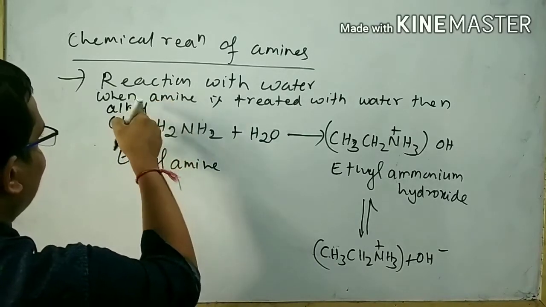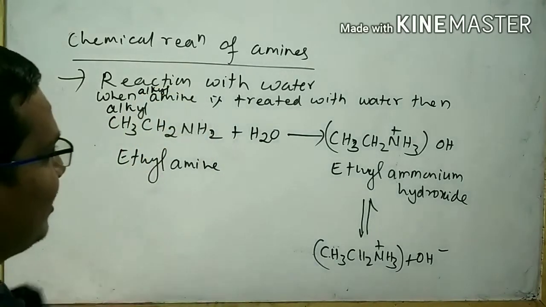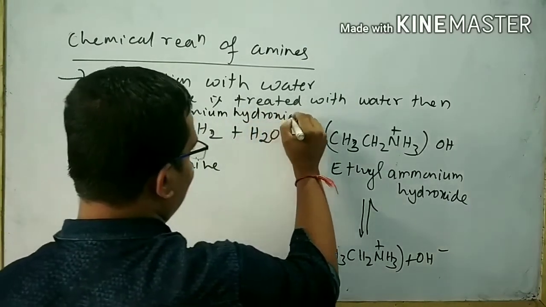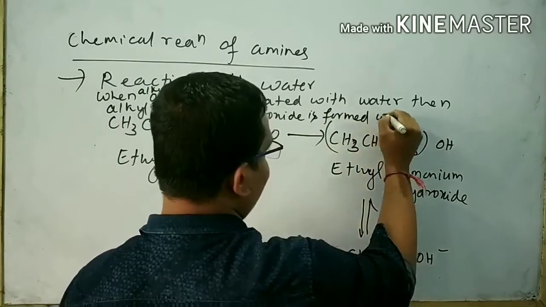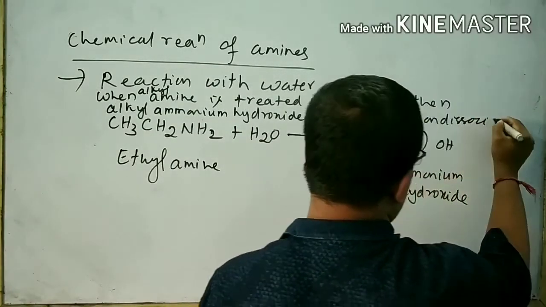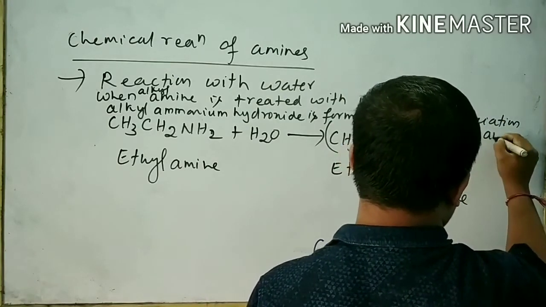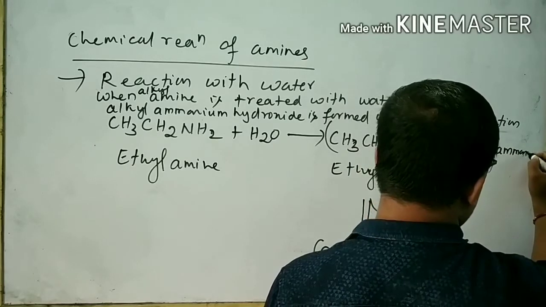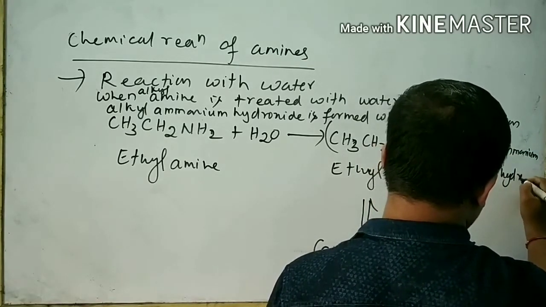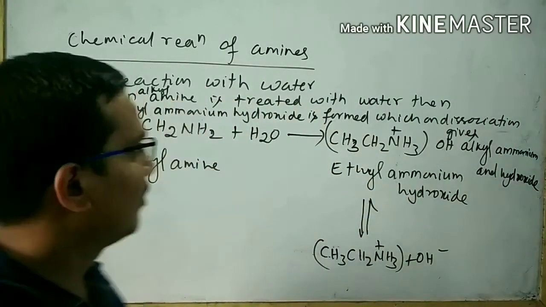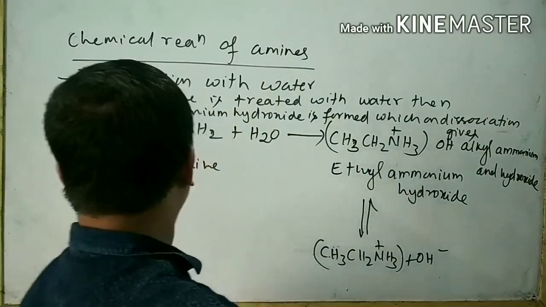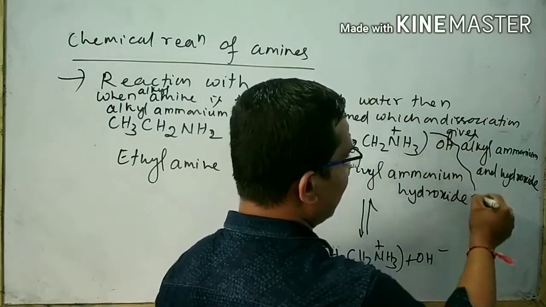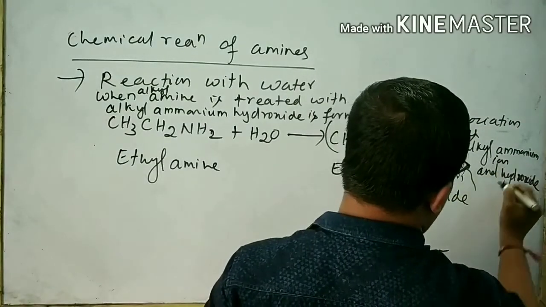When alkyl amine is treated with water, then alkyl ammonium hydroxide is formed, which on dissociation gives alkyl ammonium ion and hydroxide ion.